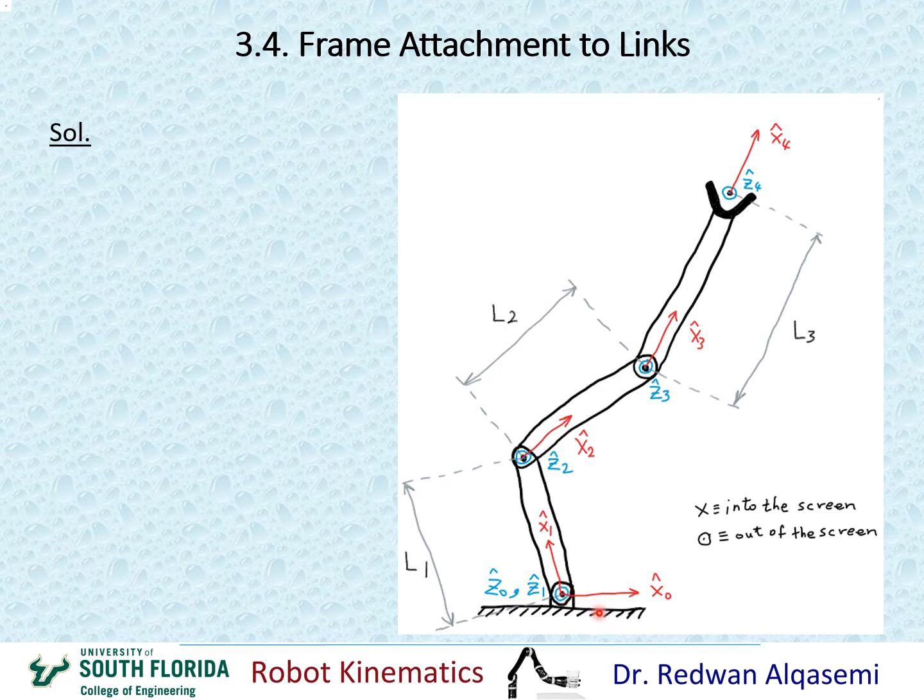Okay, so if I do that, y0 would be coming up this way. And remember, this is straight up, it does not match with x1. This is y0, which is 90 degrees from x0 and 90 degrees from z0 as well.